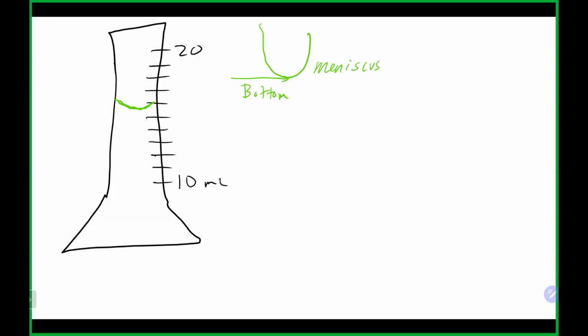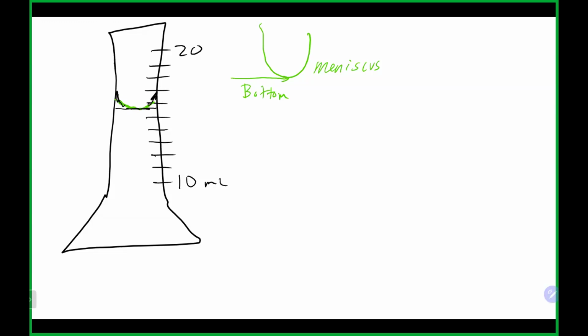But what happens is the attractive force between the liquid and the glass is stronger than the attractive force between the liquid and itself. So capillary action, it rises around the sides there. So it kind of comes up the sides here. And that's why you read from the bottom of the meniscus, because that's unaffected because it's not touching the glass. So that's truly where the volume is.